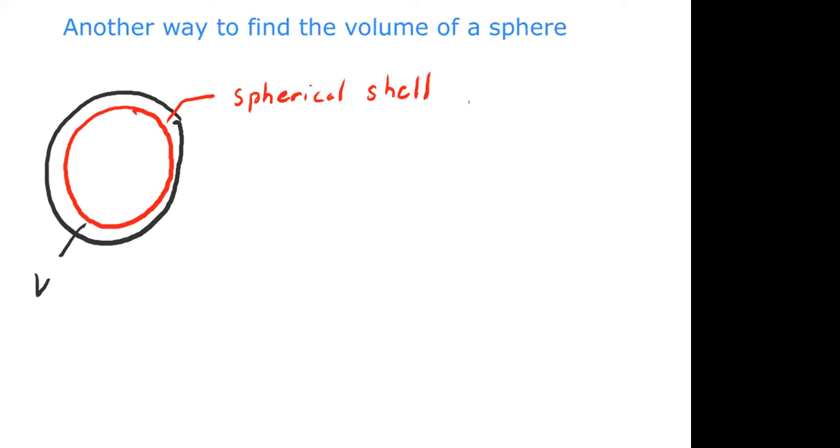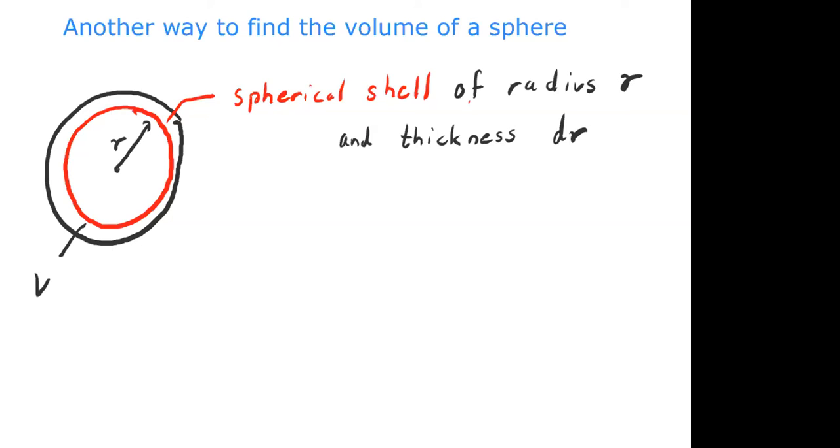A spherical shell will have a radius r, and it will have a thickness dr. So this is dr. So the question is, what is the differential volume of my spherical shell?